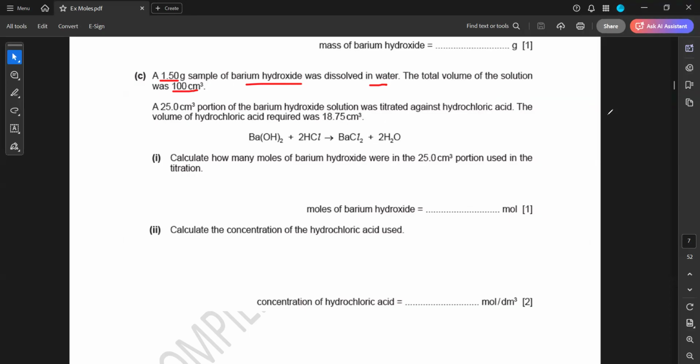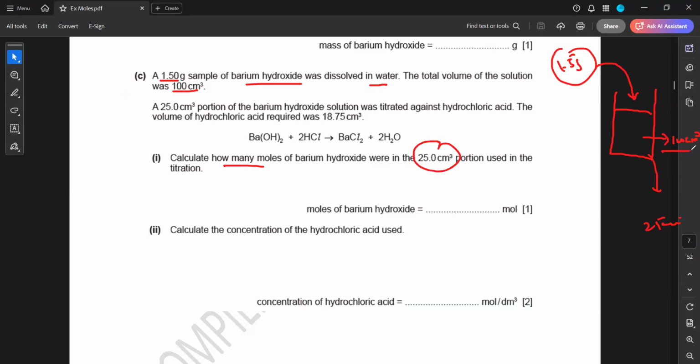Like what we did, let's say we have 100 cm cube of water and we add 1.5 grams of barium hydroxide. And out of this 100, we only took 25 cm cube for a titration. Calculate how many moles of barium hydroxide are there in the 25 cm cube portion.